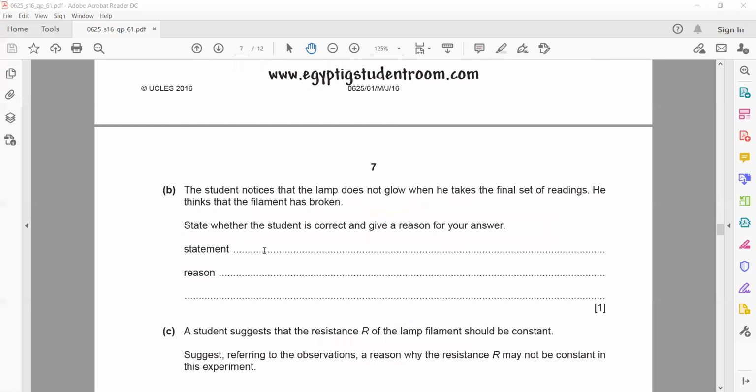So for the statement here, whether the student is correct: the student is incorrect. And what is the reason? The current is flowing through the filament.